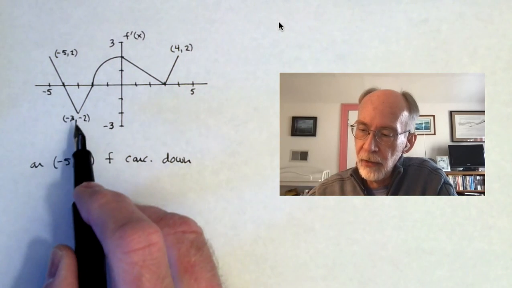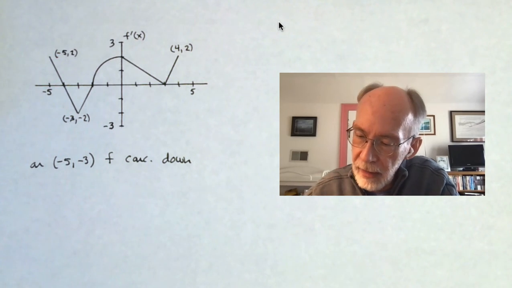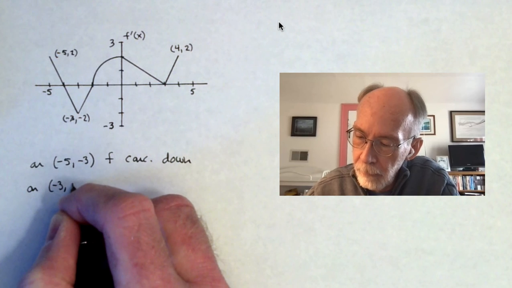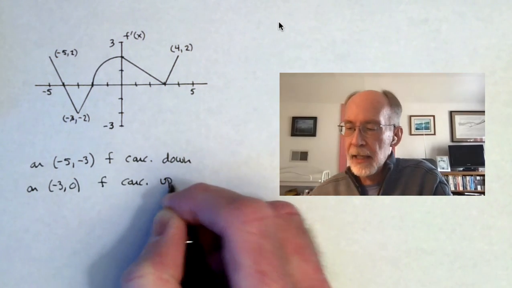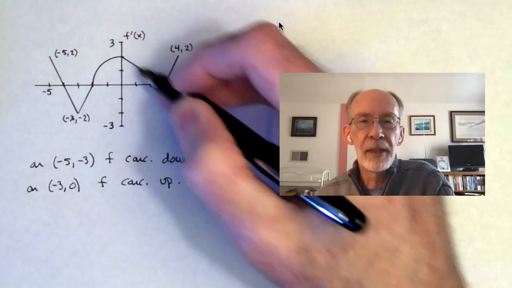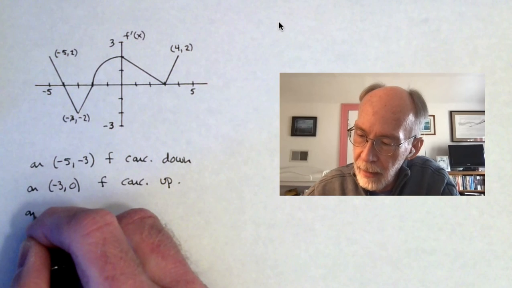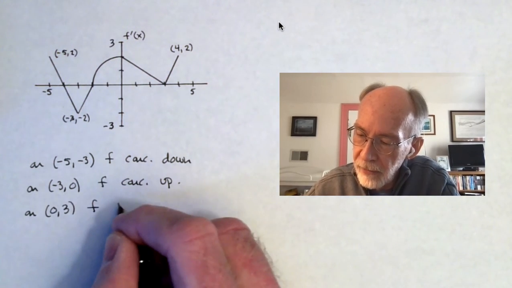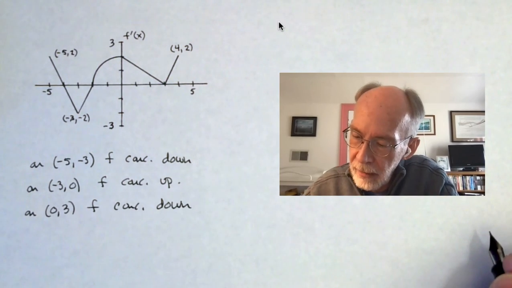From there to x equals 0, f prime is increasing, f is concave up. And then we decrease again for a little bit, we increase again for a little bit. So on 0 to 3, f is concave down because f prime is decreasing.